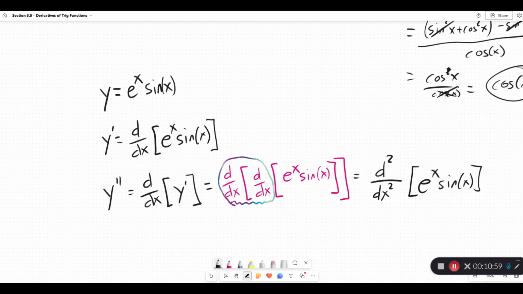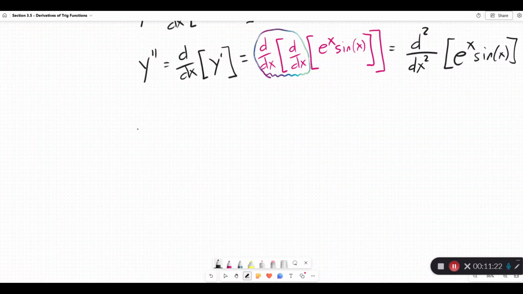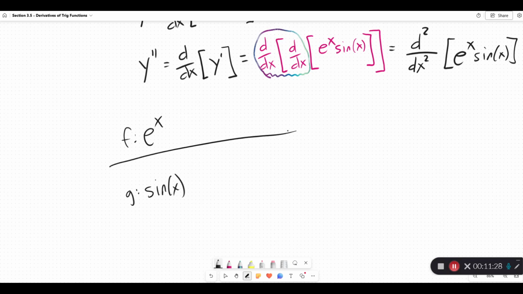Now, we don't necessarily have to know how to find a derivative in one step. We're still going to do two steps, but I just want to say this symbol is instructions to take a second derivative. That's ultimately what this is. So I just wanted you to be aware of that notation. Let's actually find it. So this is e to the x times sine of x. I know these derivatives individually.